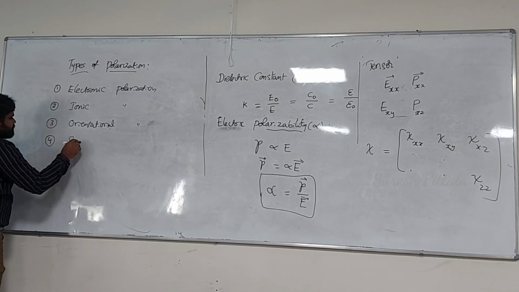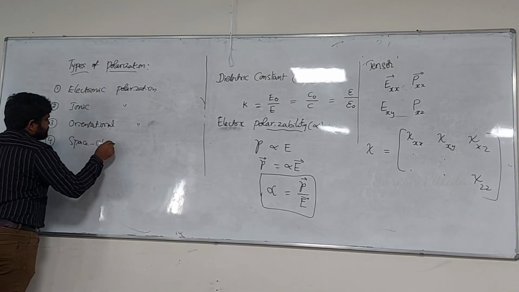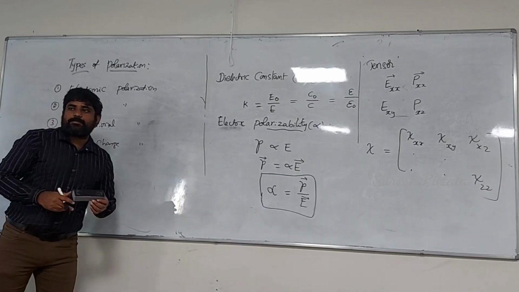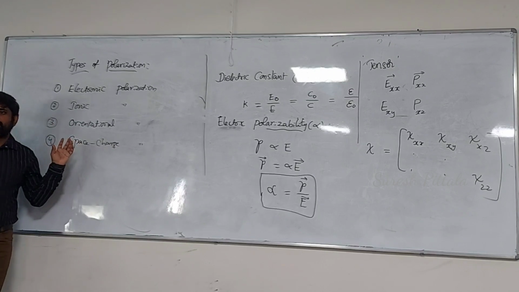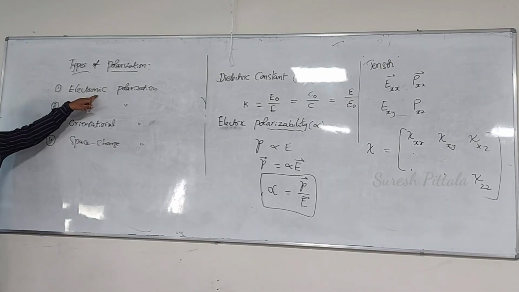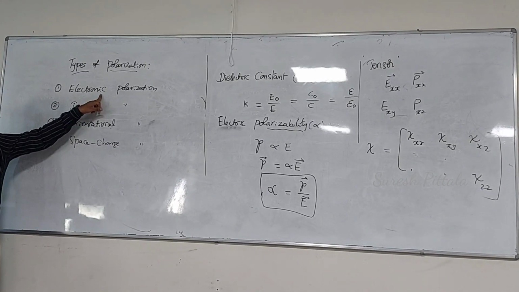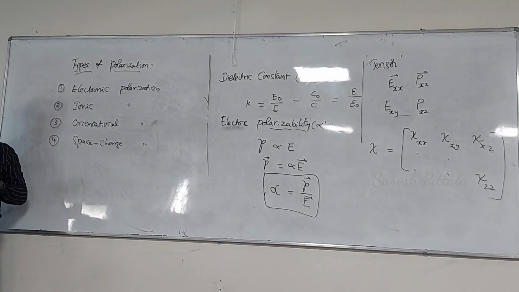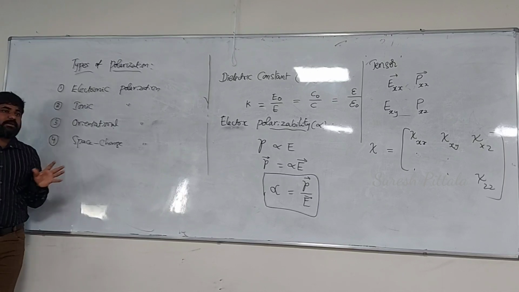Then space charge. 4 types of polarizations are possible. Quickly I will tell and let me close it. The name itself says it. You need not struggle or memorize anything. You know the name, you know the mechanism. That's how the names are beautifully created.